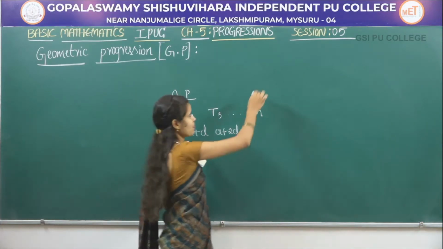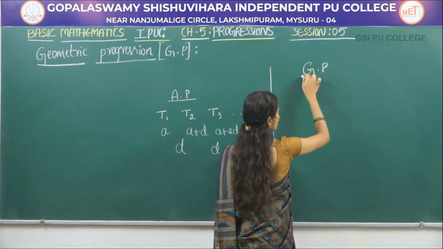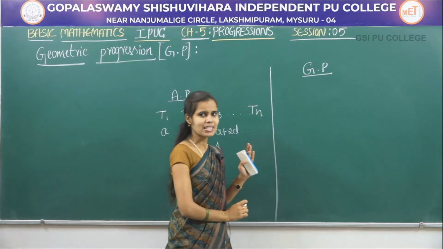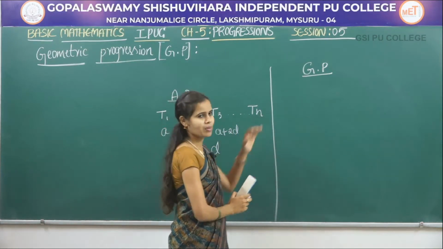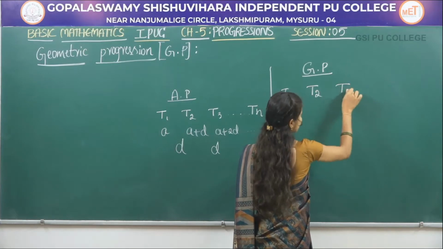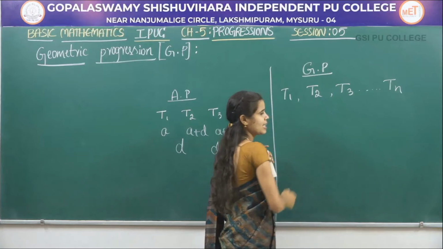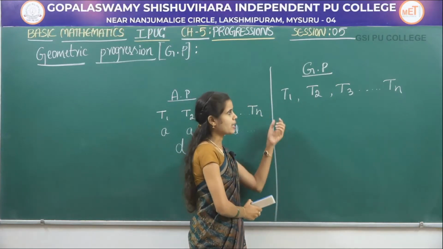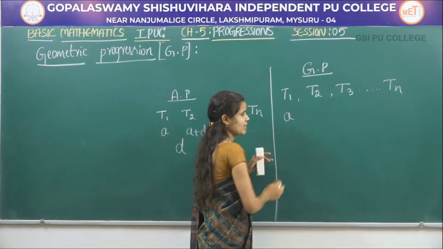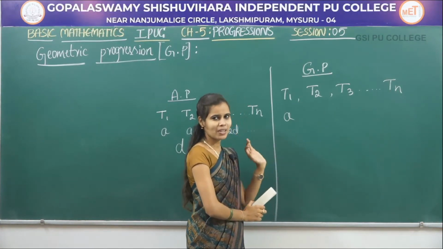Similarly, geometric progression is also a sequence in which each term is obtained by multiplying a fixed number.